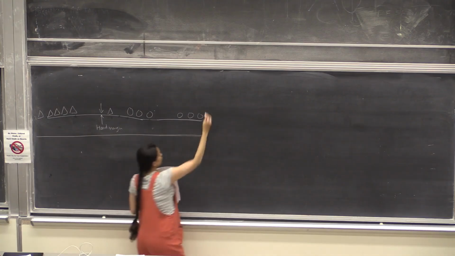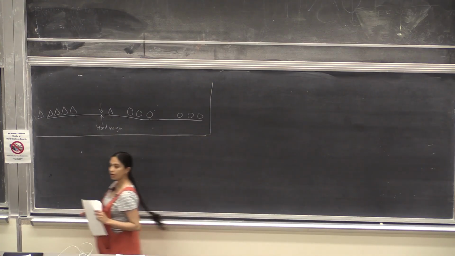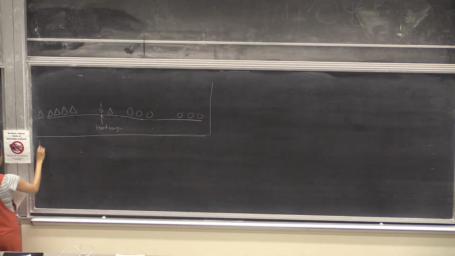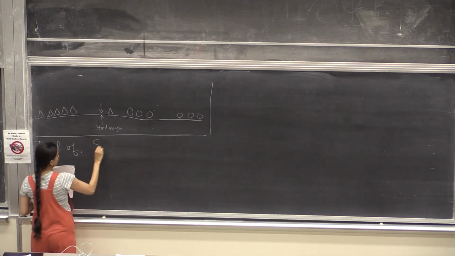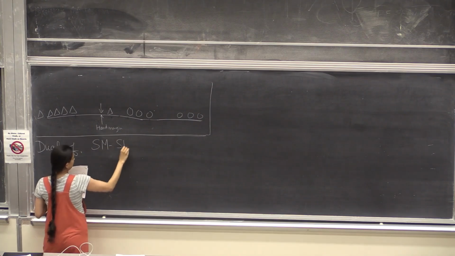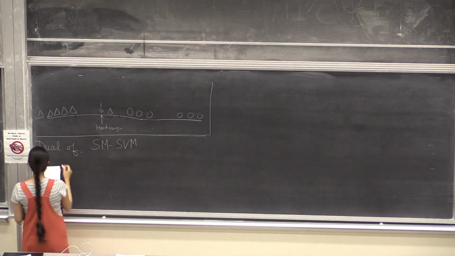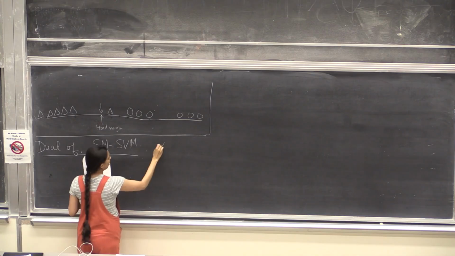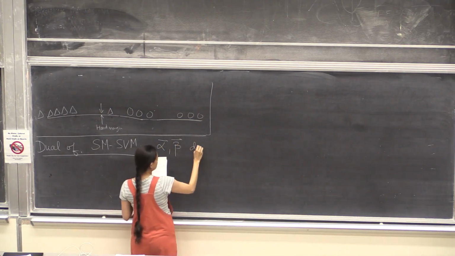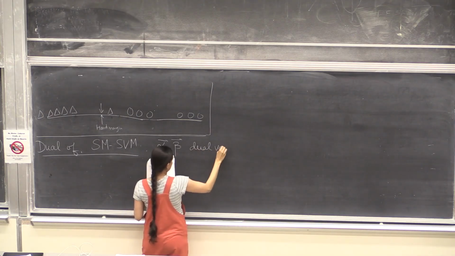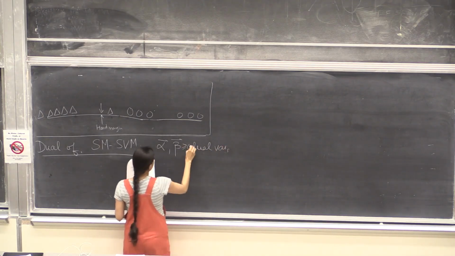So in order to proceed on this agenda, I want to now consider the dual of the soft margin SVM. I'm going to consider alpha and beta as my dual variables, and they're both greater than or equal to 0.